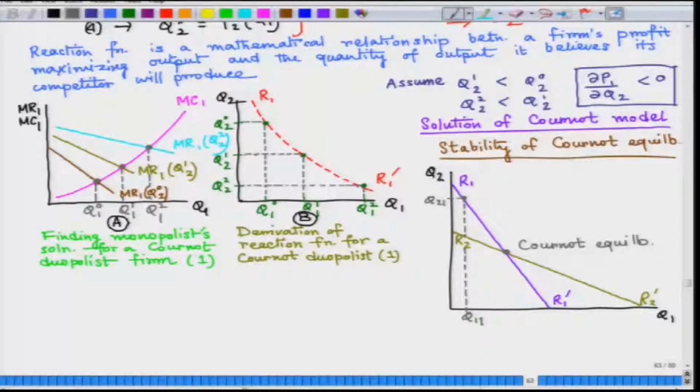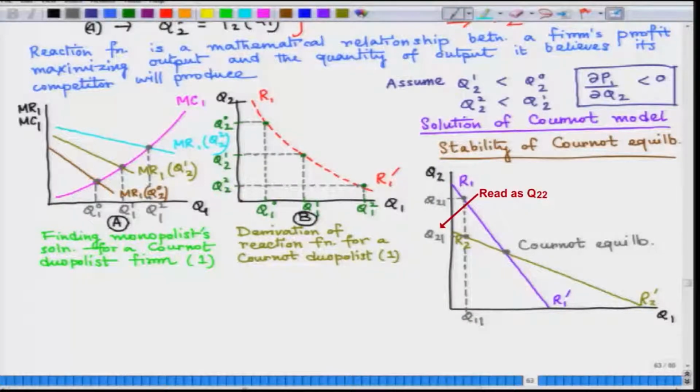Now, having seen firm 1 choosing this Q11 output level, firm 2 will not sit idle, it will go back to its reaction function and find out the optimal level of output for it, as firm 1 has chosen Q11 level of output, and let me call that Q22. Okay.